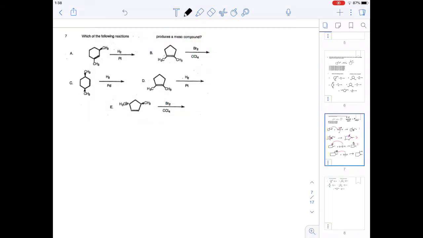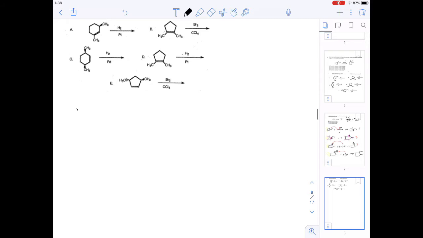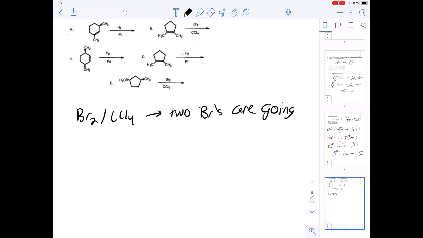So Br2/CCl4, in contrast to the H2/Pt, your two Br's are going to add anti to each other.